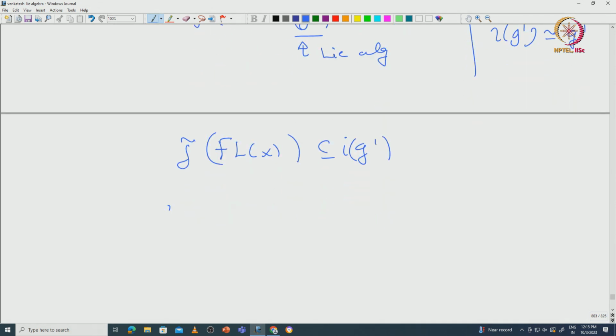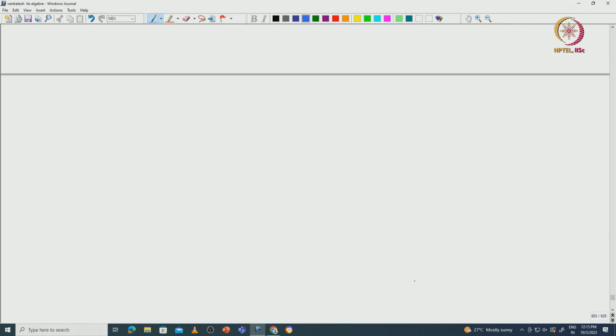Okay. So, in particular this f tilde is going to give us a map from FL of x to this iota of g dash. So, from this if you pull back you get a map to g dash. So, this way you can see that there is x to g dash and then this FL of x is there, na?